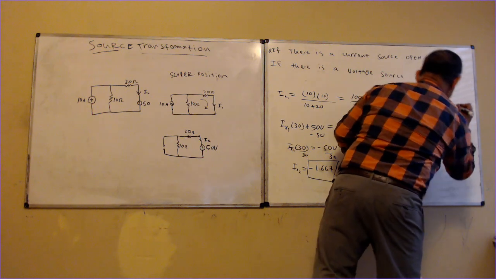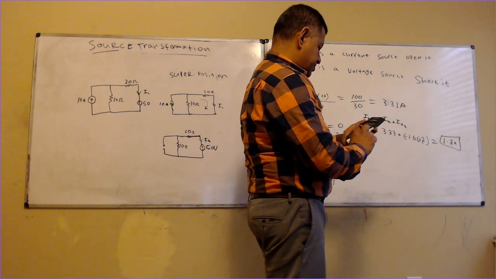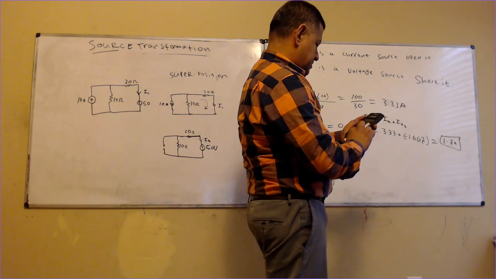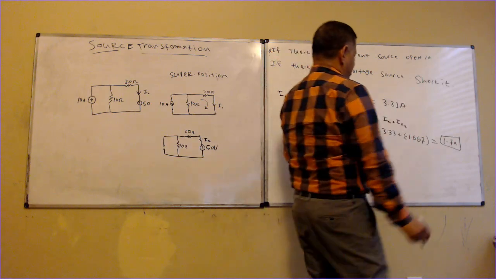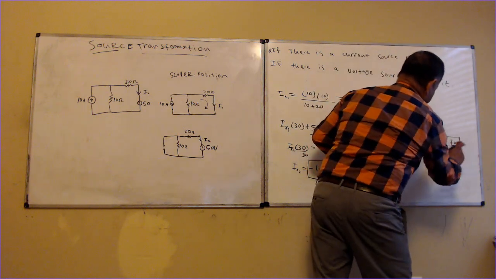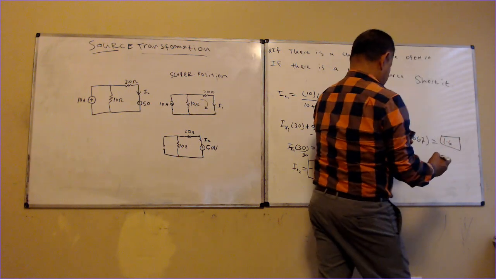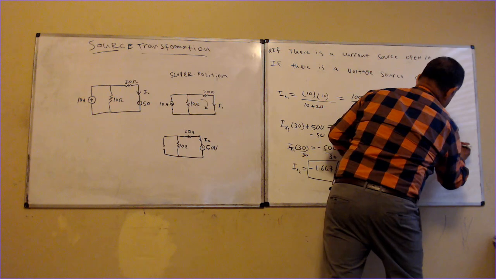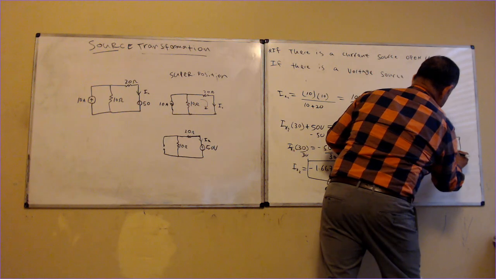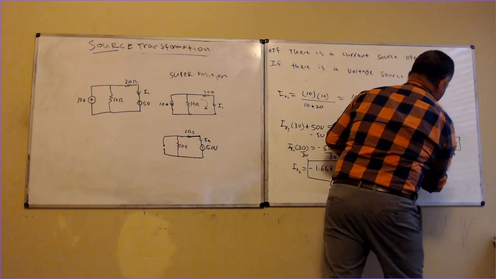Very close. 3.33 plus negative 1.667, it's pretty close. So that number came out to 1.66 or 1.7 amps, sorry.